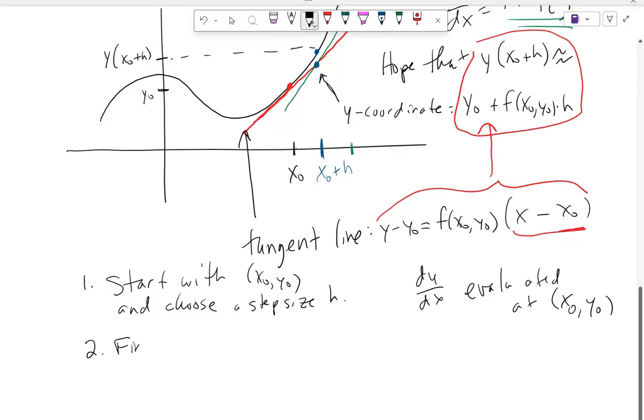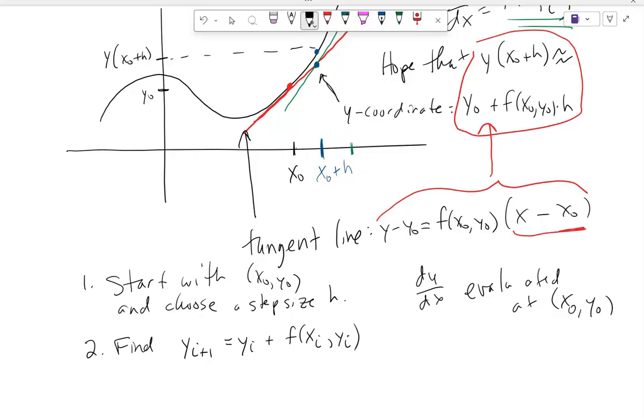We find y sub i plus 1, the next step, which is the previous y value plus f of the previous x value, comma, the previous y value, times h. Your x sub i just changes by adding h each time.